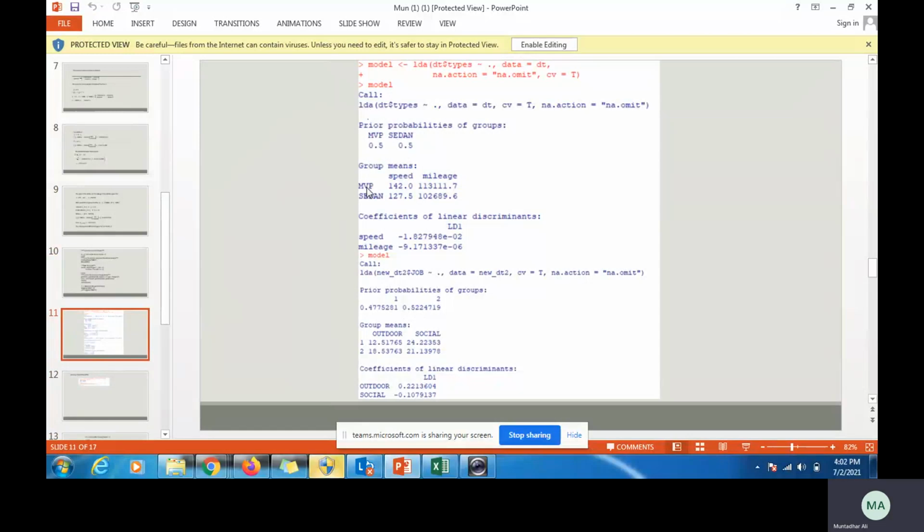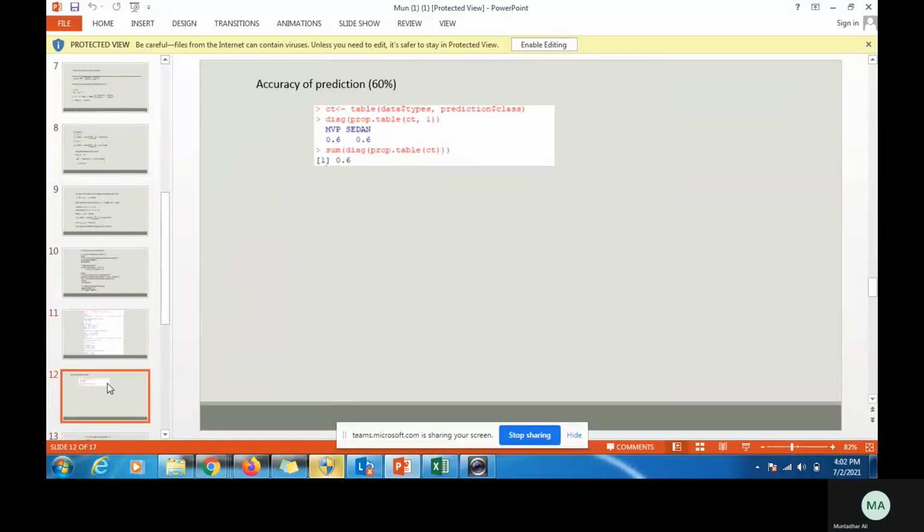The group means for MPV, the speed is 142, then for sedan 127.5. Then we find the diag for these kinds of cars, MPV and sedan, which is 0.6, 0.6.